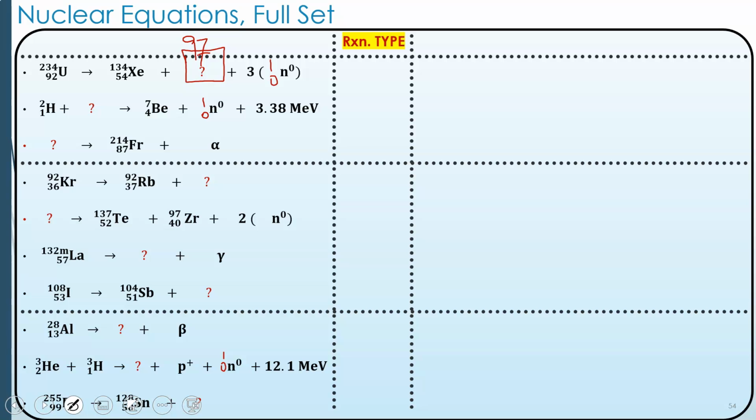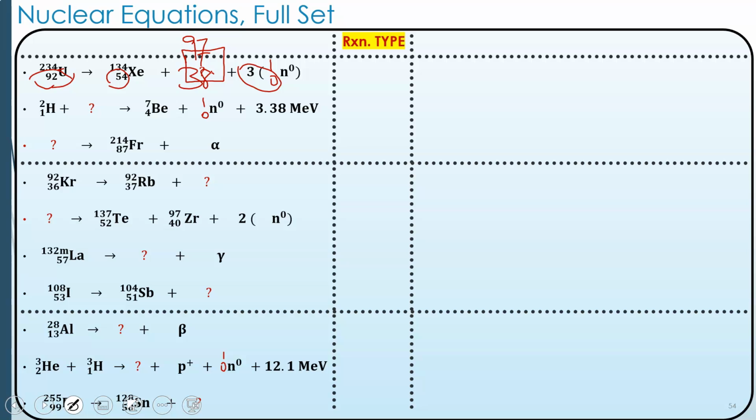We do the same thing for the bottom number, the atomic number. 92 is our total. We have a sum of 54, an unknown, and 3 zeros, which is easy to deal with. So 92 minus 54 is 38. So we now know our particle, our isotope, has a mass number of 97, an atomic number of 38.